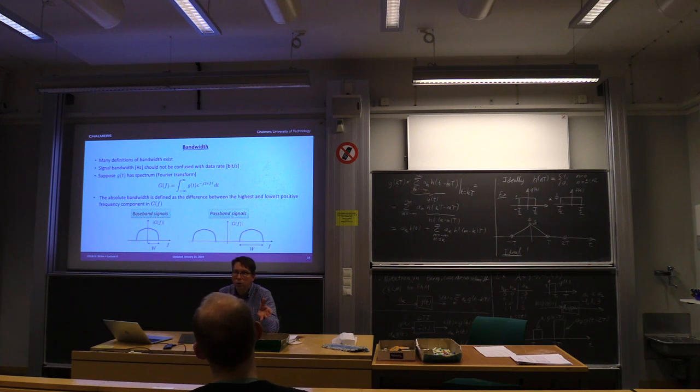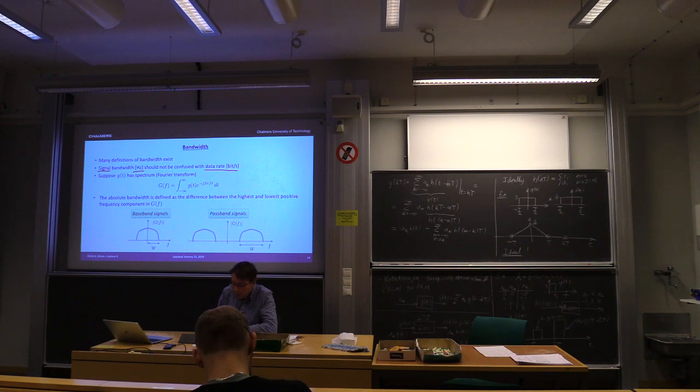So if you read the book, or read Google or whatever, when people talk about bandwidth, they sometimes mean data rate, bits per second. While here, the bandwidth I'm talking about is the signal bandwidth, which is measured in hertz. Okay? And that should not be confused with data rate in this context.